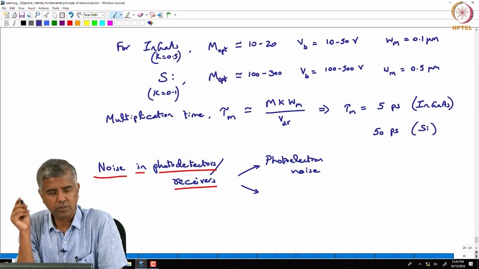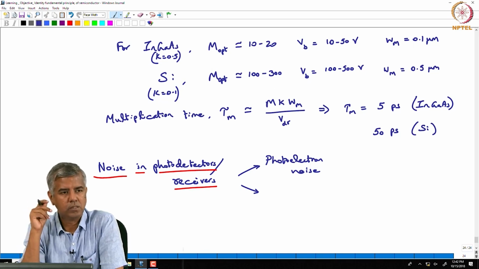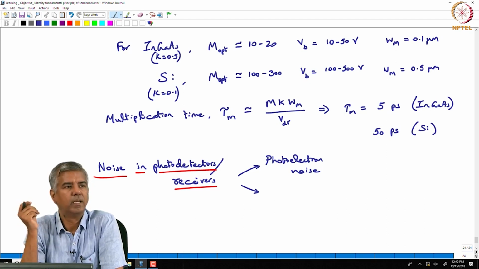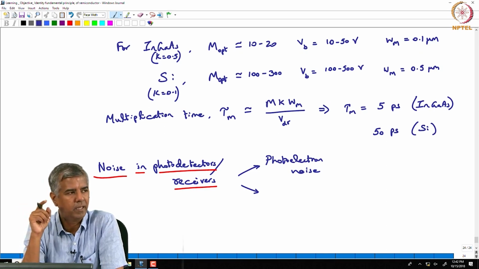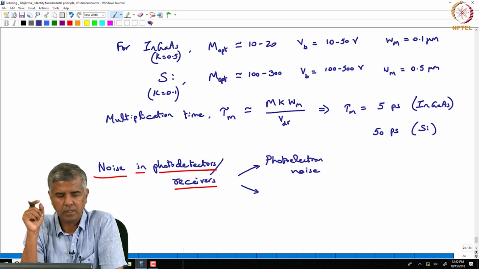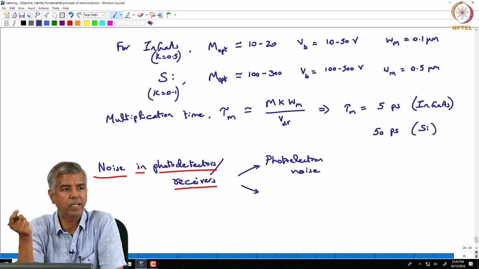So, what is photo electron noise? You have photons being absorbed in the medium and you are generating electron hole pairs. But we actually quantified a parameter called zeta, which was the photoelectron conversion efficiency. That says that not every photon is converted to an electron hole pair.